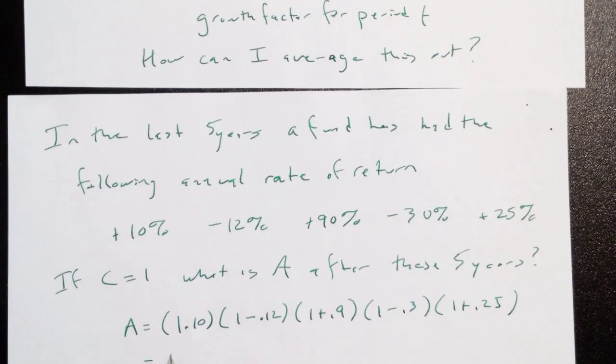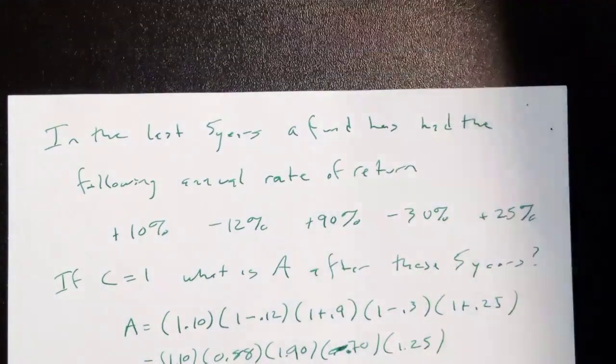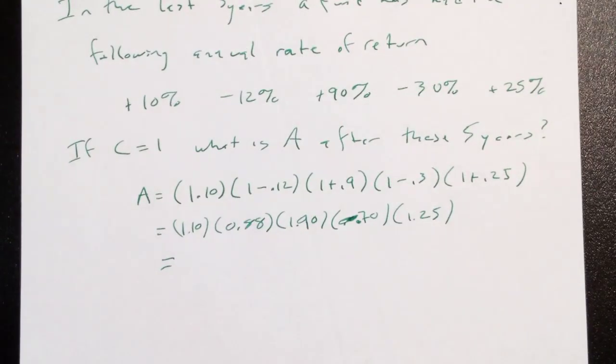So that's 1.10 times 0.88 times 1.90 times 0.70 times 1.25. Because this is a multiplicative procedure at each step.